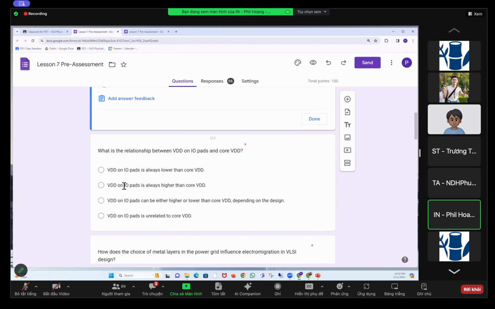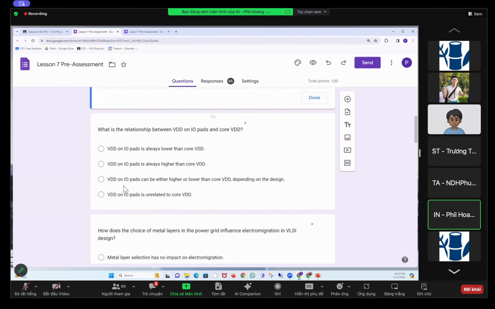What is the relationship between VDD on I/O pads and core VDD? A, VDD on I/O pads is always lower than core VDD. B, always higher. C, can be either higher or lower depending on the design.